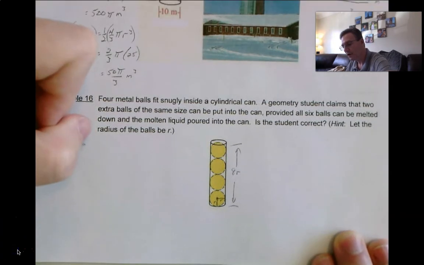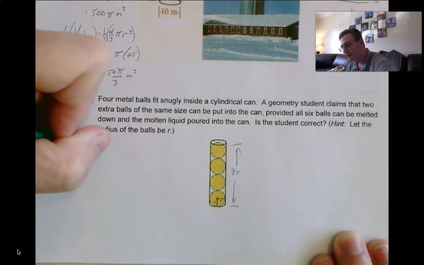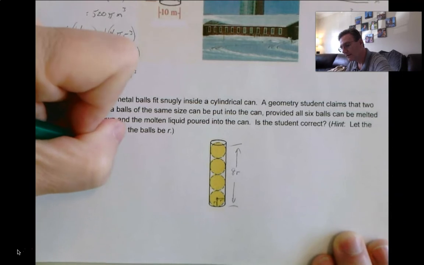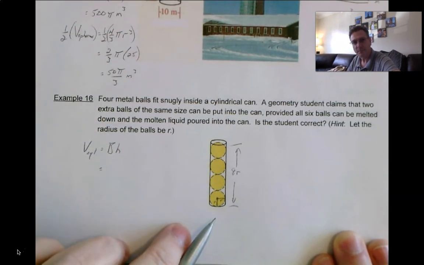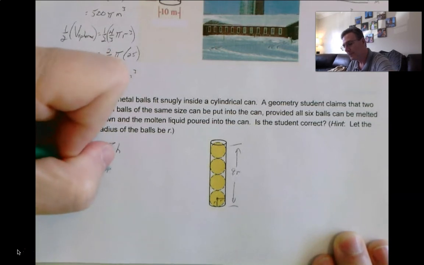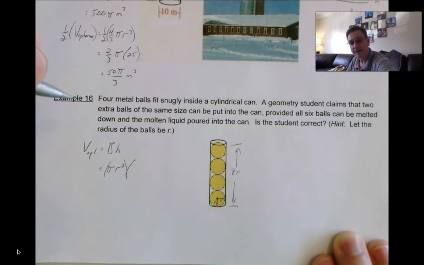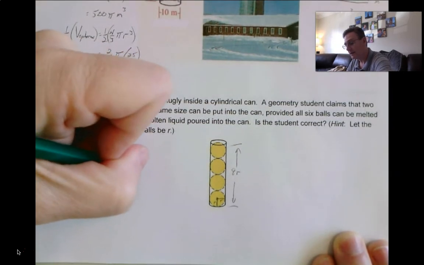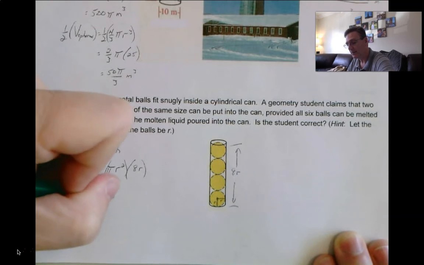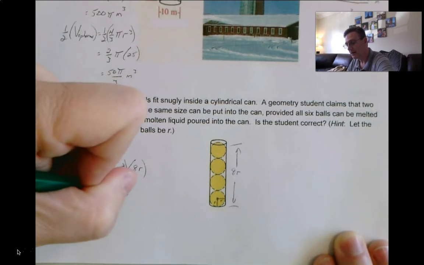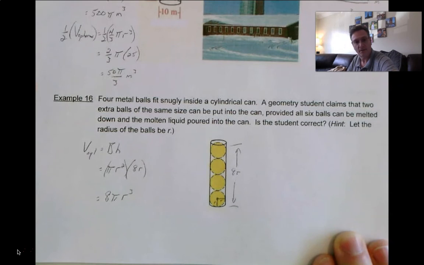Volume of the cylinder first, equal to area of the base times the height. Area of the base is pi r squared, and the height is 8r. So we end up with 8 pi r cubed for the volume of our cylinder.